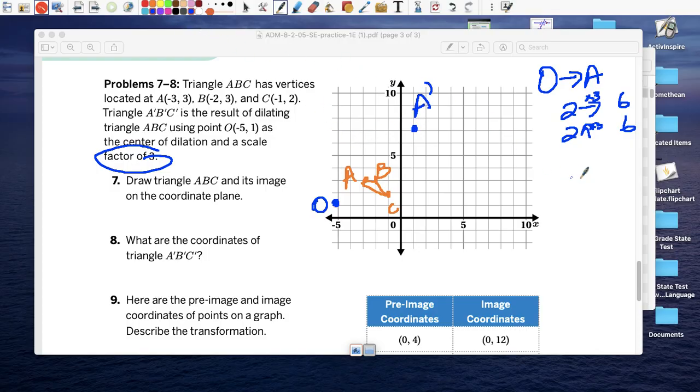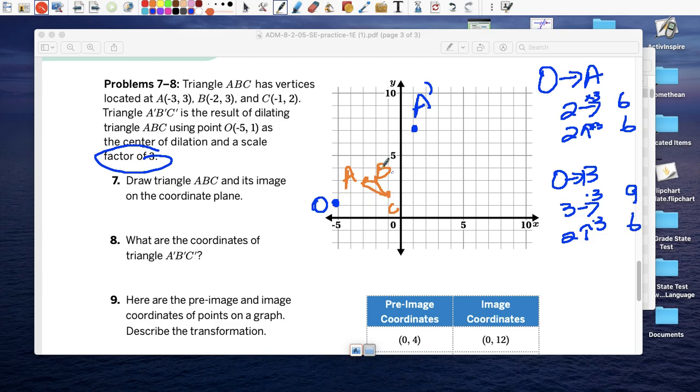B. From O, how do I get to B? Well, I would walk 1, 2, 3 to the right, and then I would go 2 up. And again, the scale factor is 3, so let's multiply that by 3, and this one by 3. I get 9 and 6.